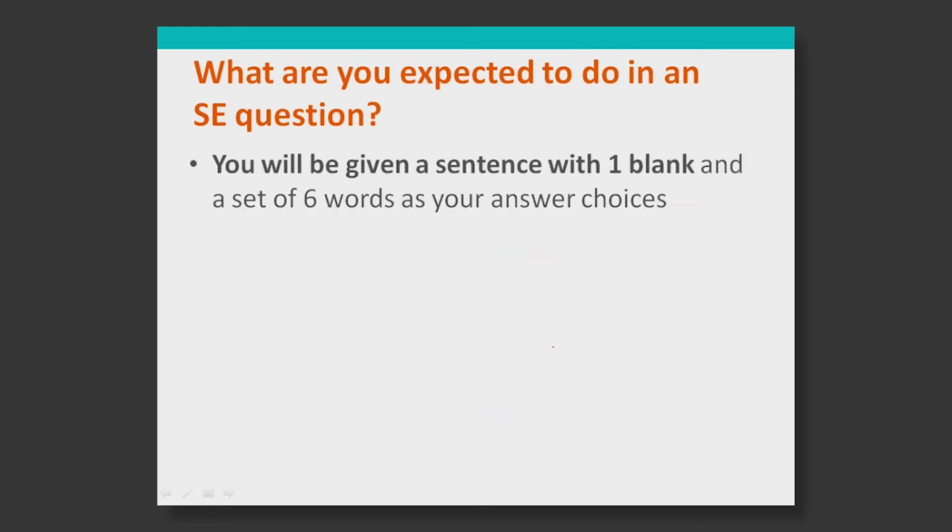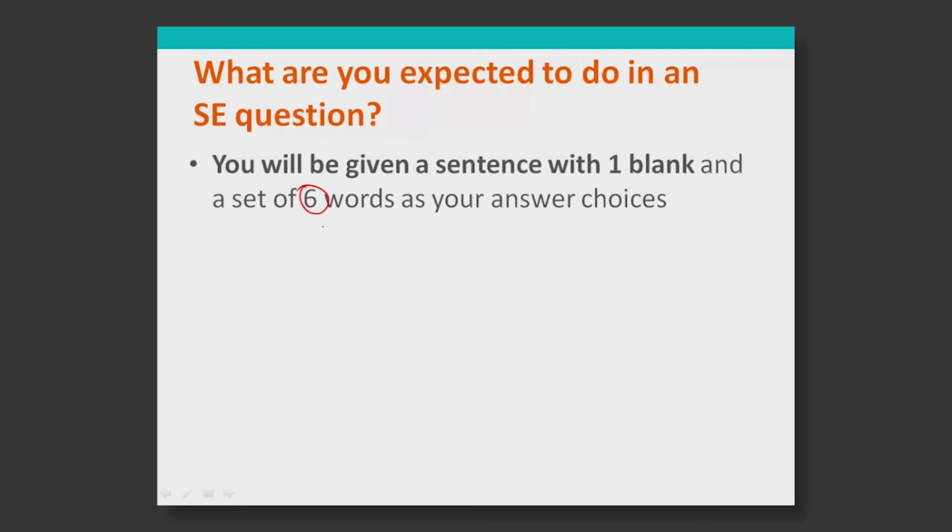Well, the trick with sentence equivalence is that you'll be given one sentence. Yes, that's just one sentence, never any longer than a sentence, with one blank and a set of 6 words as your answer choices. So for those of you who were paying attention, you would have remembered that text completion questions with one blank have 5 answer choices, whereas SE questions would have 6 answer choices.